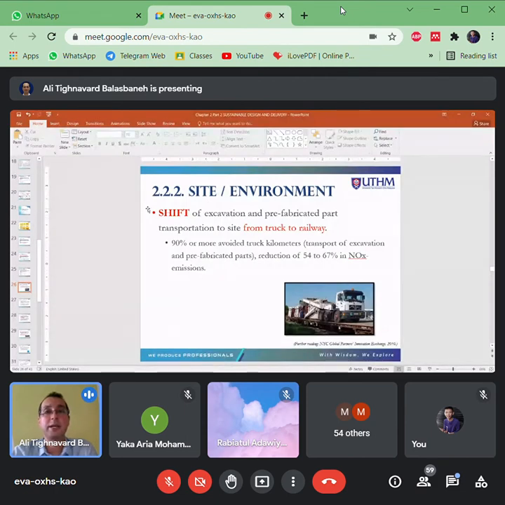The next item or element of sustainability is site environment. In the previous slide, we just mentioned why the site is important, because the site is accessible by road. Actually, it's at a place that has less noise for the neighbors.